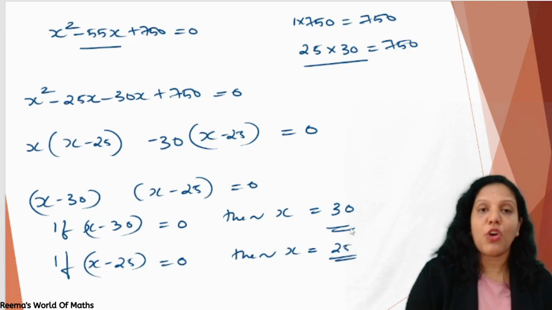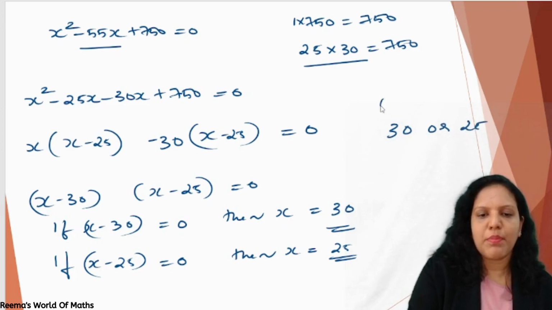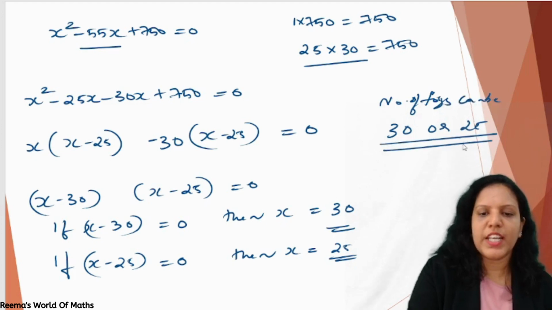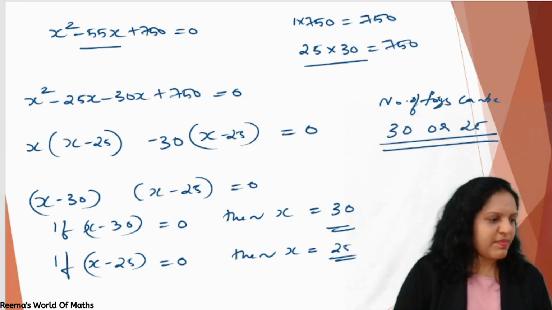So the number of toys produced in a day can be either 30 or 25. Let's see the next question.